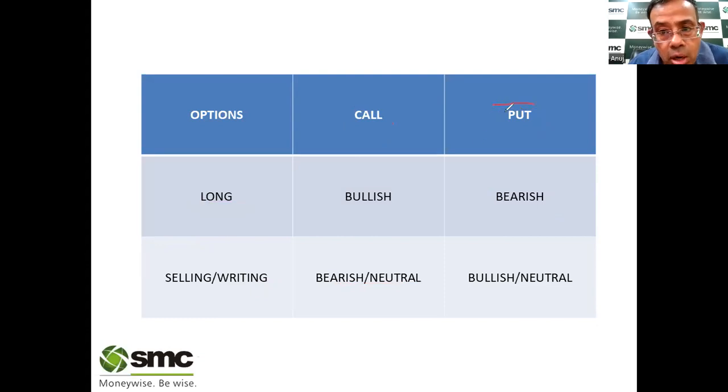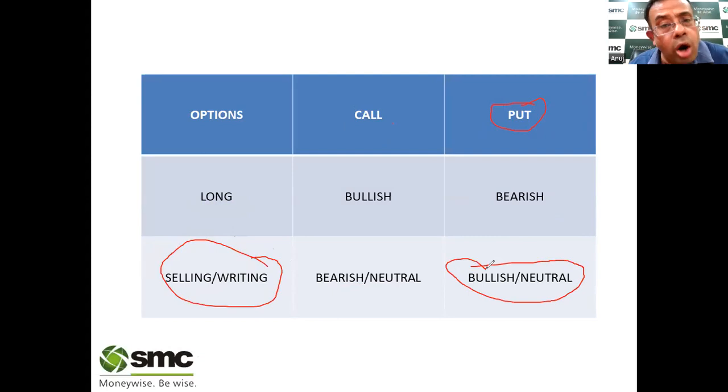Or when we write a put, we are bullish on the market, or at least we are neutral on the market. We are not really bearish on the market. So you need to understand this whole matrix to really make sense of how we analyze the markets.